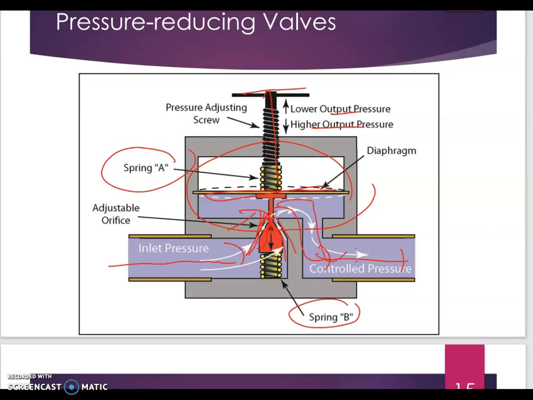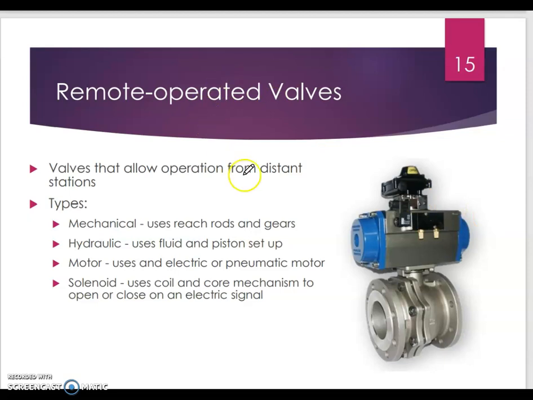The next one that we have is the remote operated valve, which is the valve that allows operation from a distant station. So usually the types of remote operated valve are mechanical, hydraulic, motor, and also solenoid. Each and every single type has its own function and specification.